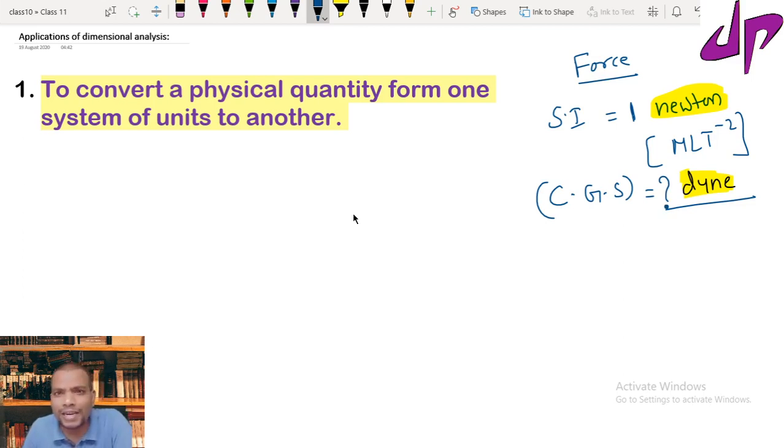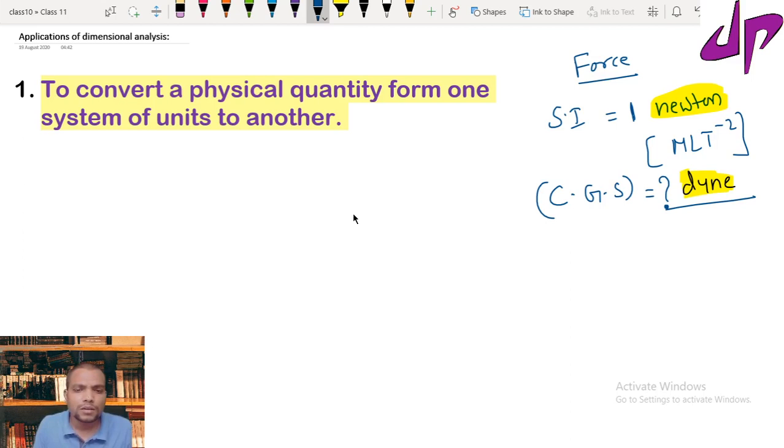How can we come to know that? If you analyze the dimensional formula of the physical quantity force in one system of units, we can easily find it out in another system of units, for the same physical quantity.